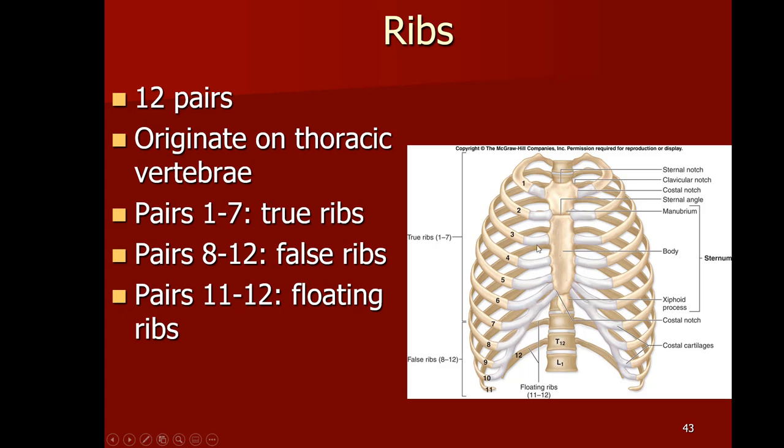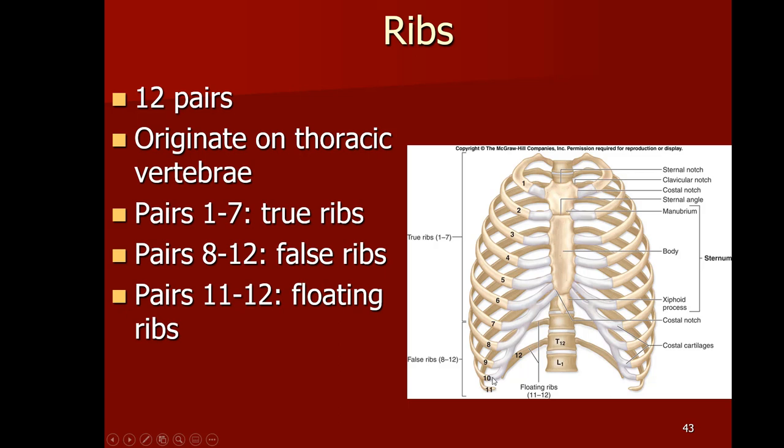Costal means rib. So it's hyaline cartilage. We call it costal cartilage. And that the ribs are connecting, most of the ribs are connecting to the sternum. So rib pairs 1 through 7, if you follow them, they make pretty much direct contact via this cartilage to the sternum. So these are called true ribs.